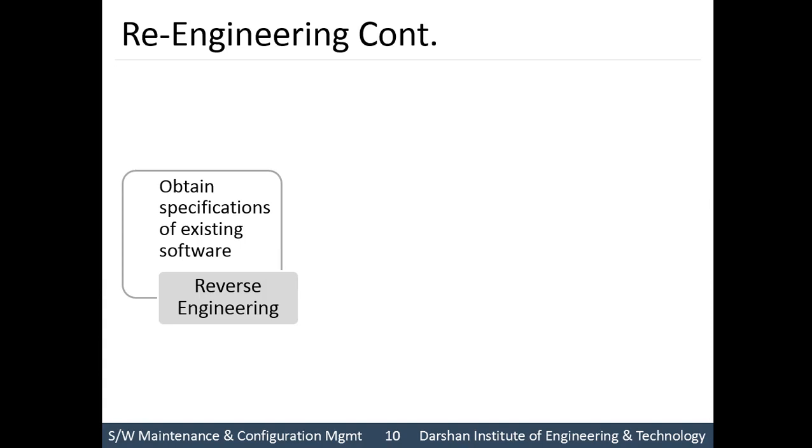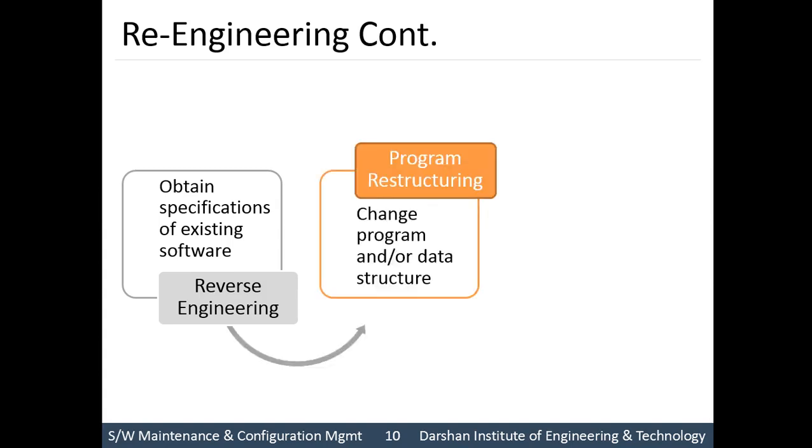So finally, what is reverse engineering? Reverse engineering is nothing but obtaining the specification, or requirements, of existing software by studying the code. Using the same specification, we are not going to develop the software from scratch. We are restructuring the program.